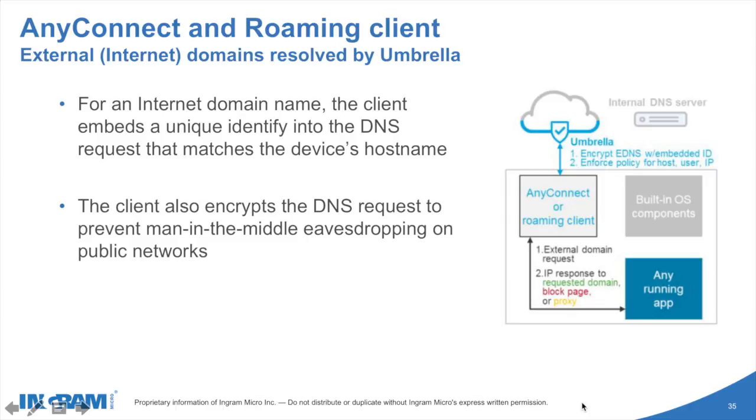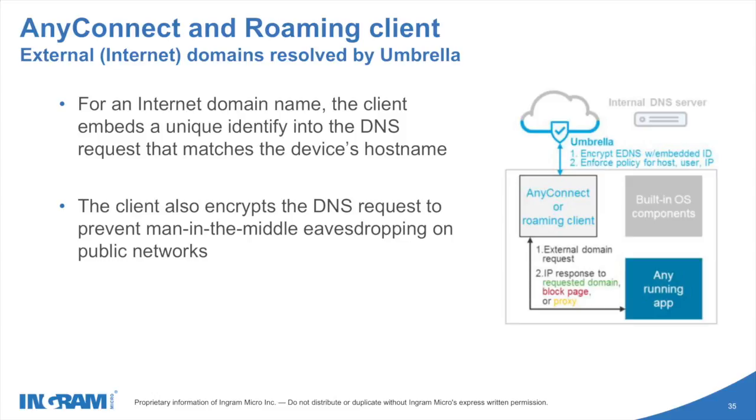What does Umbrella do once it receives the request? Well, when the global network receives the DNS requests, it checks the cloud cache as well as your policy for this device for the proper response. If the destination is safe and adheres to the policy, the IP registered in the authoritative DNS record is returned.